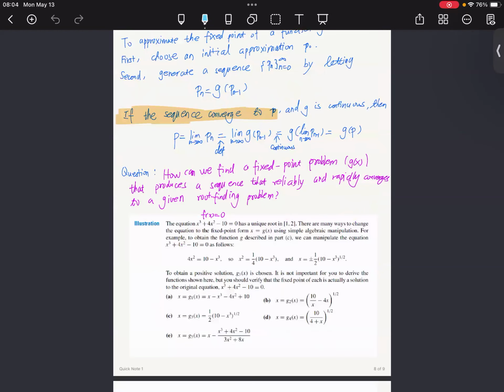First we have the fixed point method, and this method depends on the function we choose, the g function, and we have one example.